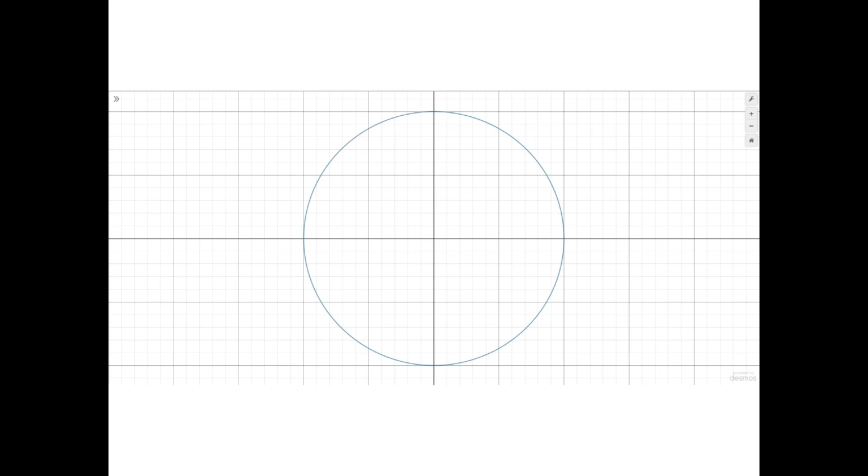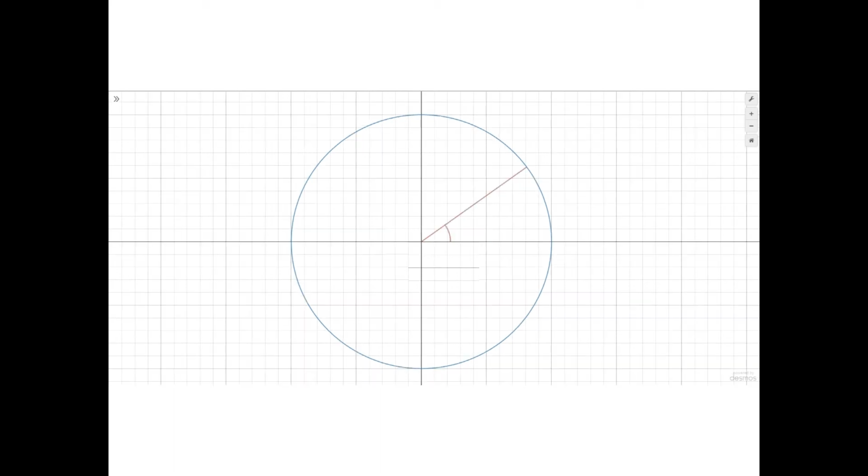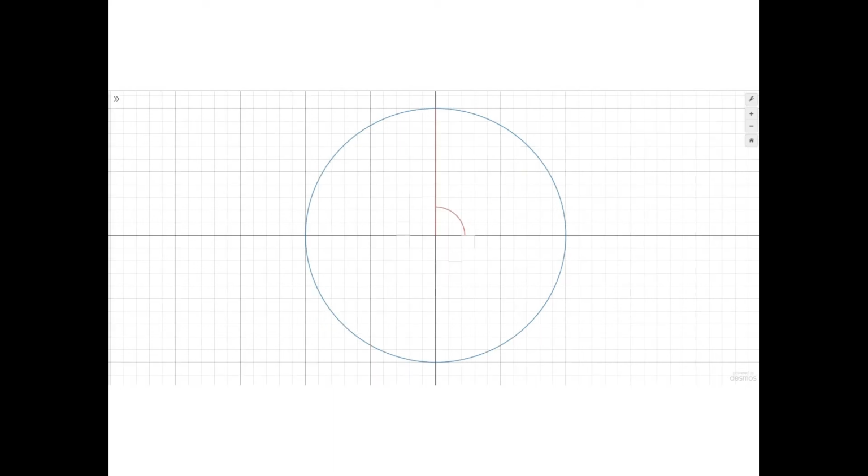Okay, so let's draw our unit circle. And here's how we draw an angle on the unit circle. We draw a line like so, and then we draw the angle to that line. But because this is a unit circle, if we choose this angle over here, which is pi by 2, then the cosine of this angle is equal to 0.